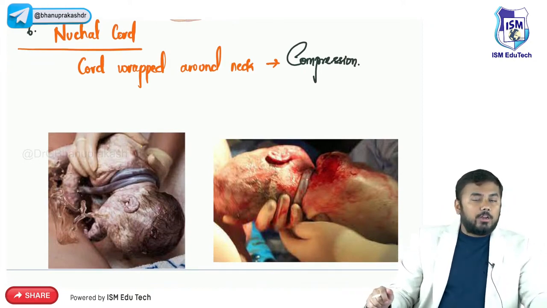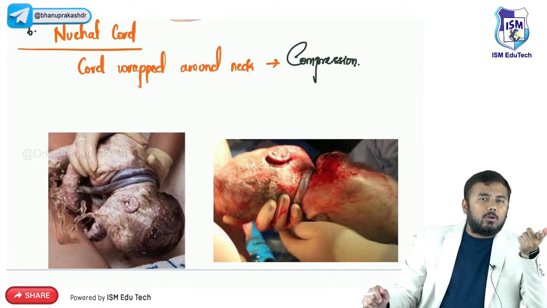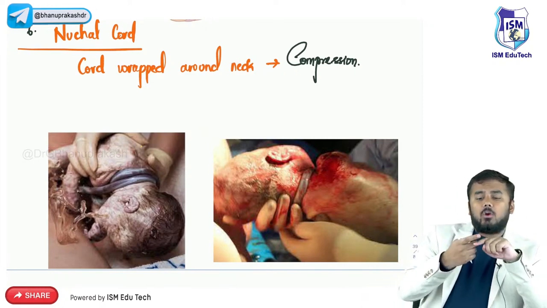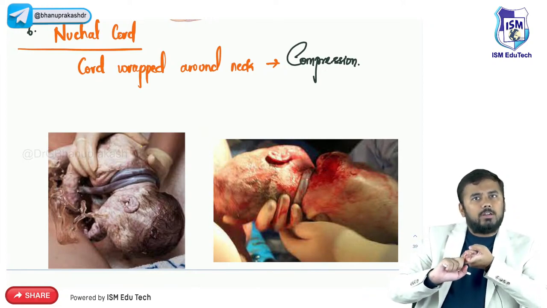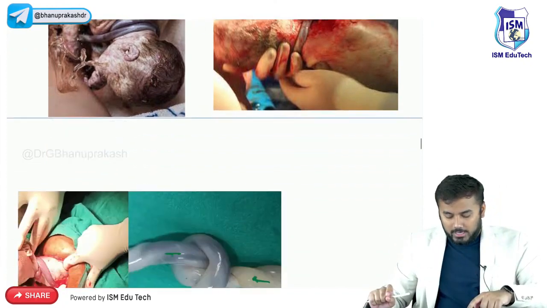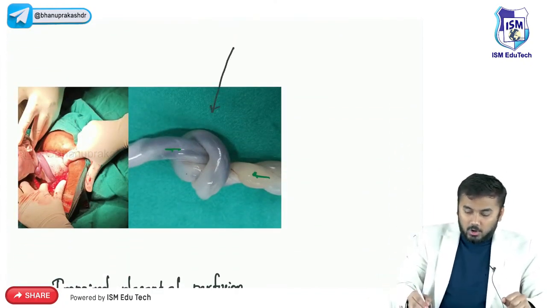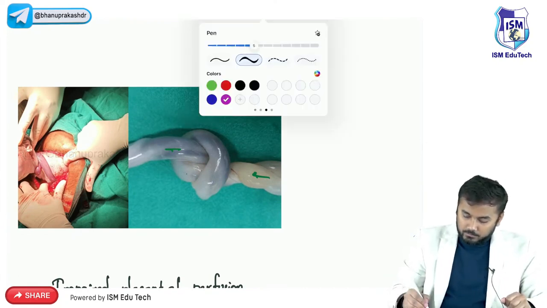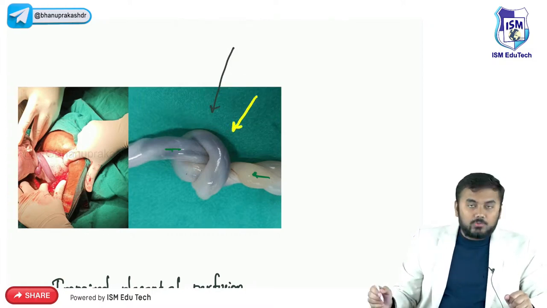The last important cause: there might not be compression, there might not be wrapping around the neck, right? But it can happen that sometimes the umbilical cord can knot by itself. So there can be a knot formed within the umbilical cord. All of you look at this. See, a knot formation has happened here.